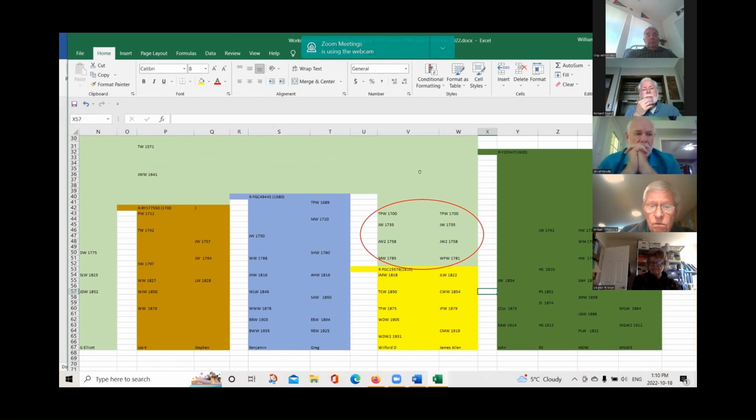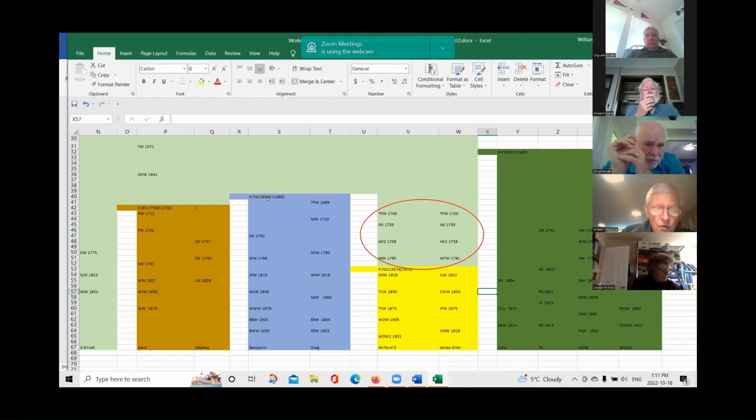Now, as I go through this presentation, just to keep things simple, keep a couple of numbers in mind. I'm going to use, instead of using the full haplo number, this brown group, which is Joe K, is 550.